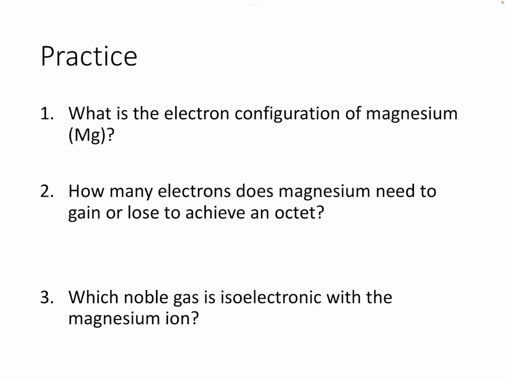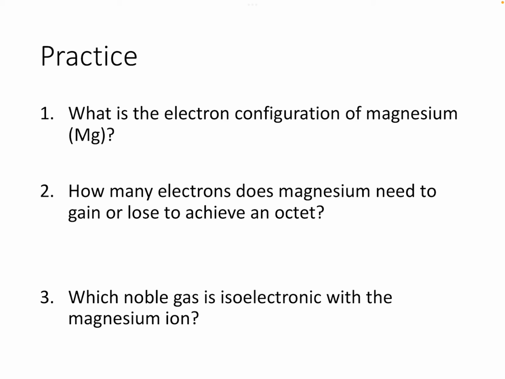All right, so let's do a practice problem. What is the electron configuration of magnesium? And we actually already did this, right? We talked about magnesium when we did the noble gas configurations, or the abbreviated configurations.